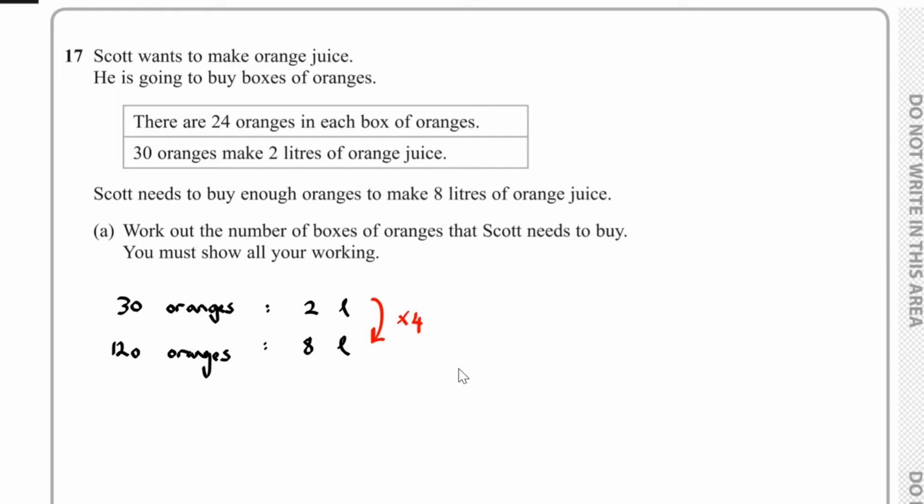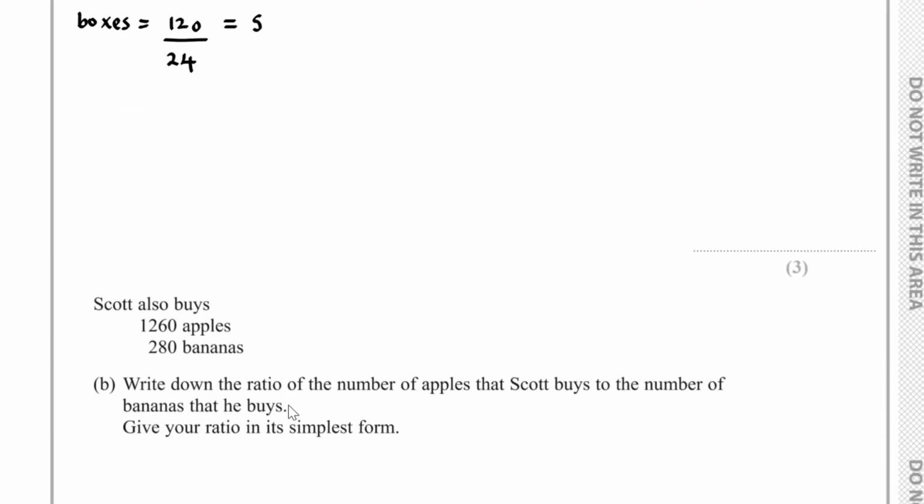So therefore the number of boxes we require, we know already that we have 120 oranges. There's 24 oranges in each box. So therefore the number of boxes, that's equal to 120 divided by 24, which is 5. So therefore we require 5 boxes.